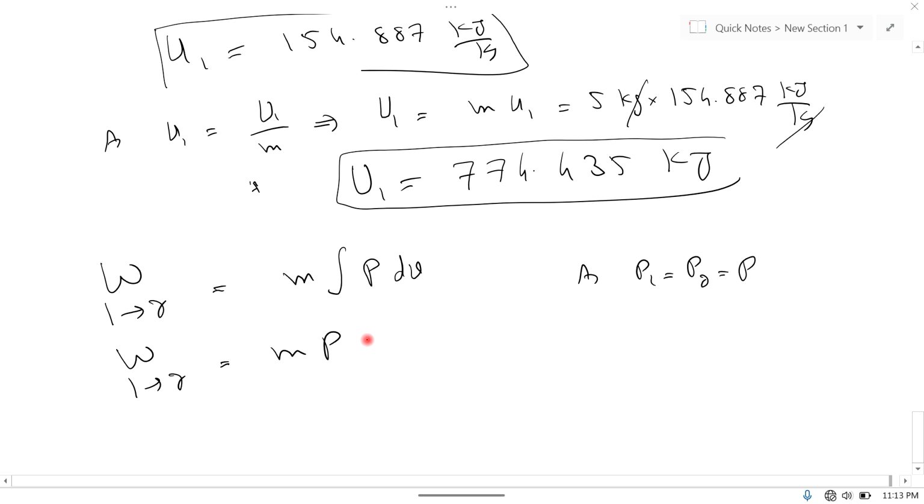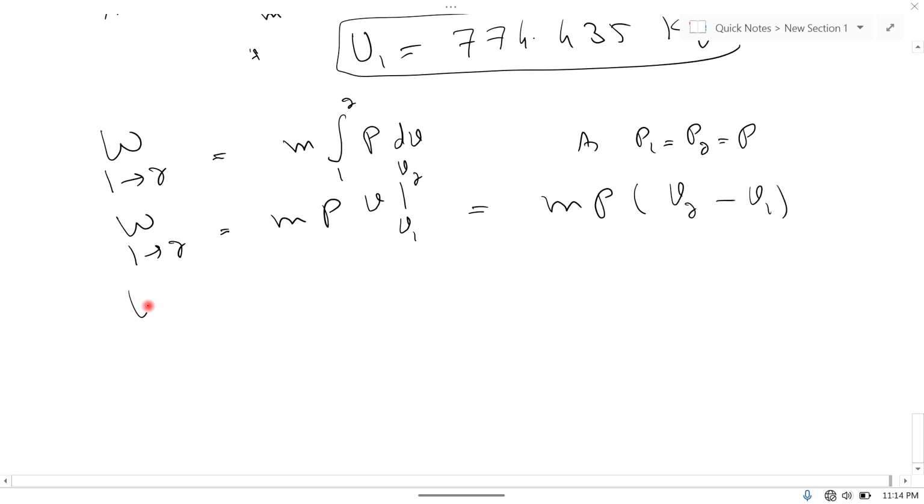Integral of dV is V, with lower limit V1 and upper limit V2. So W from 1 to 2 is equal to m P times V2 minus V1.